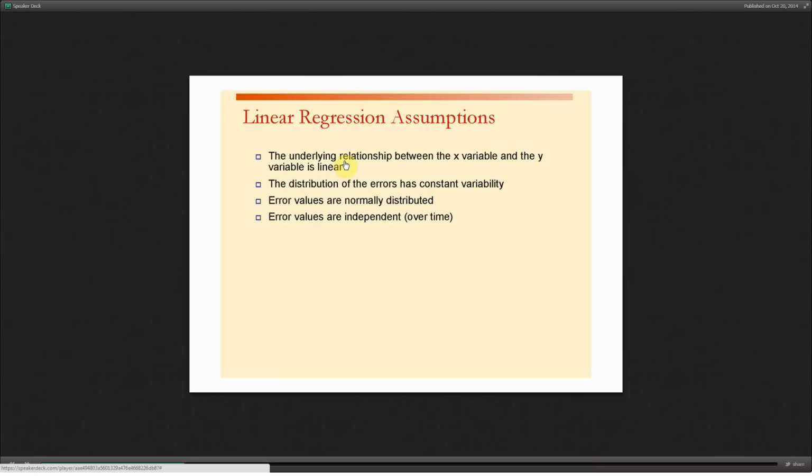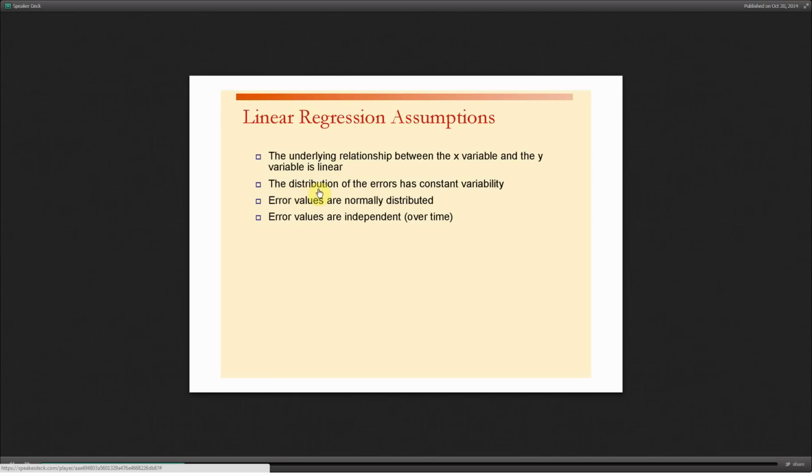It's just a judgment call in some respects. Of course, you can find evidence to strongly imply that it is, but there's no way to prove it, at least unless you know something about the problem and know that based on the way the problem is set up, it has to be linear. But typically that's not possible.